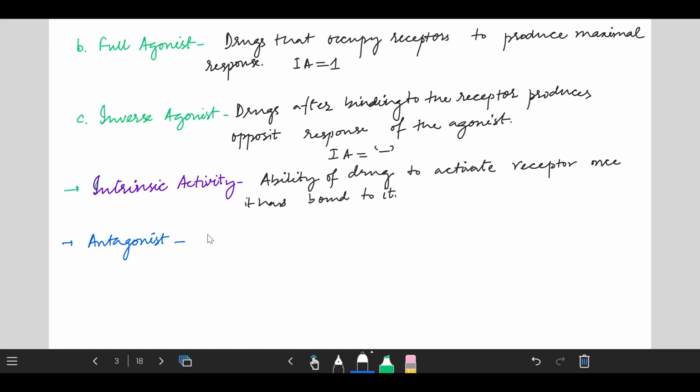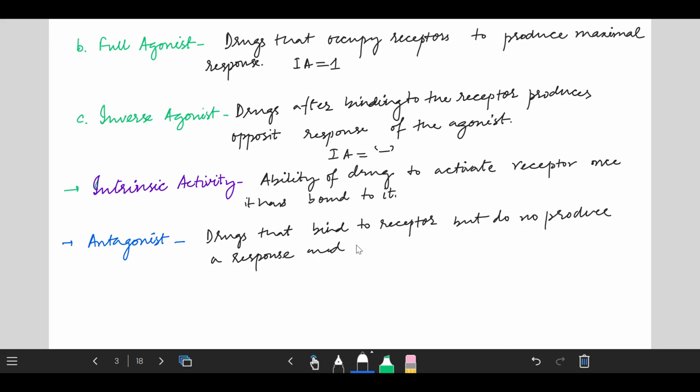Okay, so these are the drugs that bind to the receptor but do not produce a response, and block the action of an agonist. Clear to you?